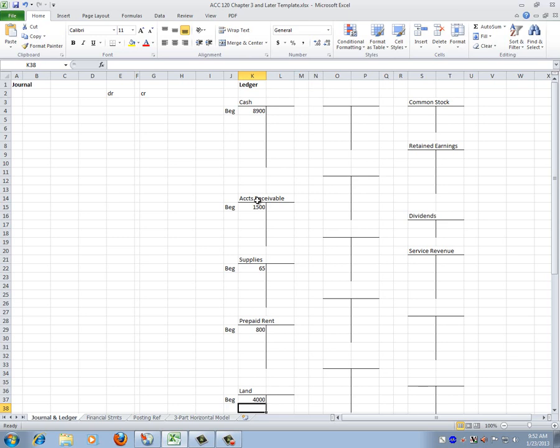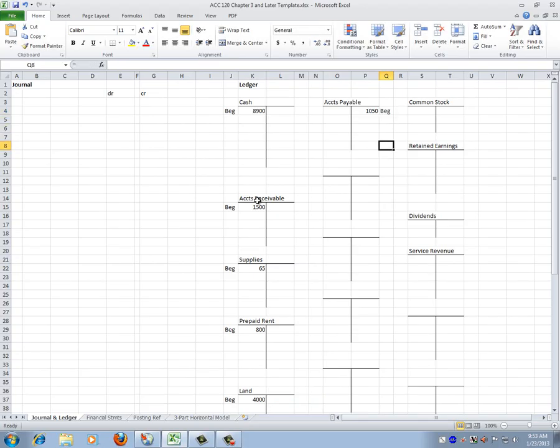And then we get into some liabilities accounts, like accounts payable. Well, being a liability, it's going to have a right side called credit, normal balance as its beginning.